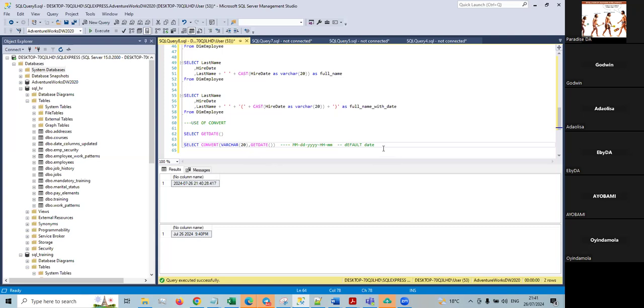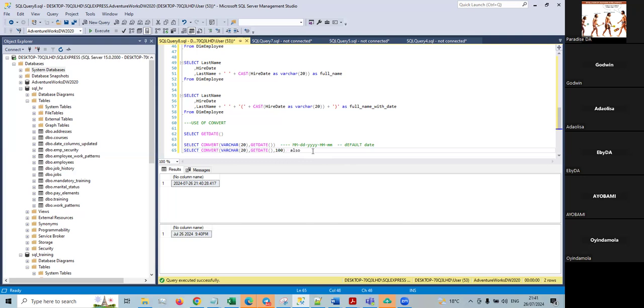Now we are going to see a whole variety of different ways of writing dates. Another default position, and that is actually the beginning of the conversions. This is also a default.